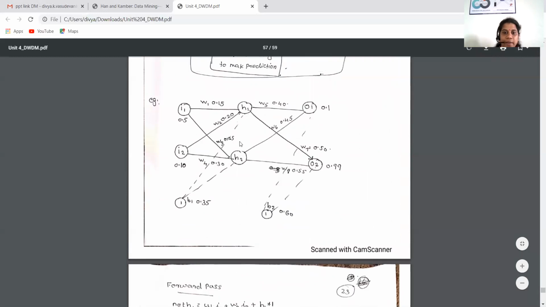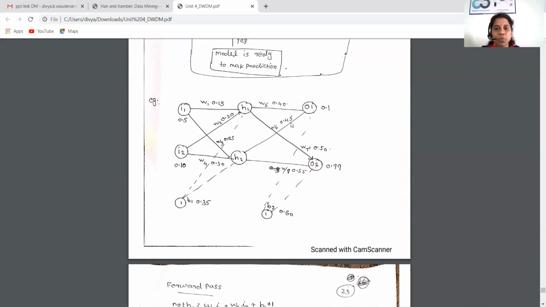So we calculated H1 and H2. Now we need to calculate O1 and O2. Okay, so how to calculate O1 and O2? What are the edges coming to O1 and O2? If I'm taking O1, again I'm calling it net O1. Net O1 is equal to H1 into W5 plus H2 into W6 and B2 into 1.